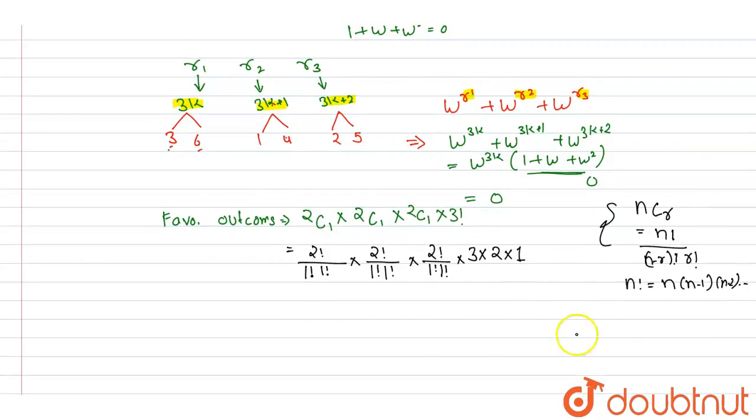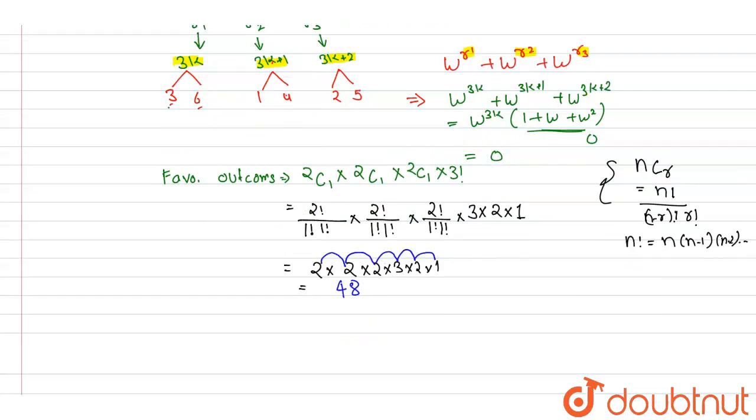On solving, 2 into 2 is 4, 4 into 2 is 8, 8 into 3 is 24, 24 into 2 is 48, and into 1 is 48.